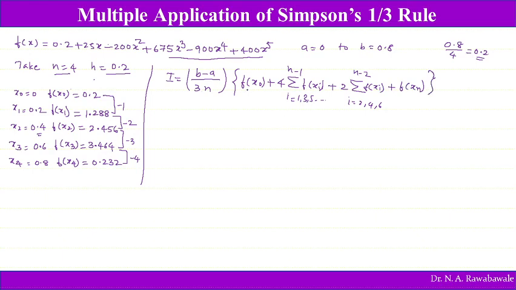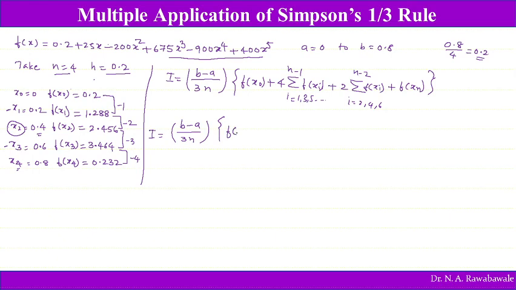So x0 is there, and xn means the last term is x4. The odd terms are 1 and 3, and the even term is only x2. So this equation is modified according to our requirement.